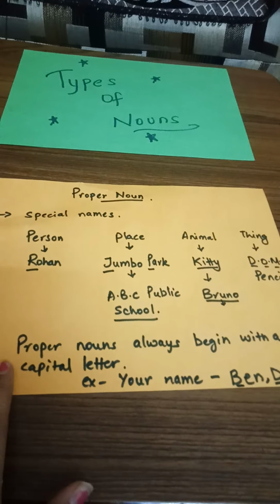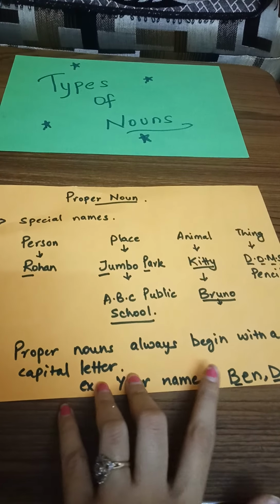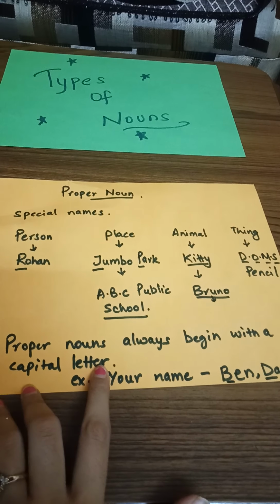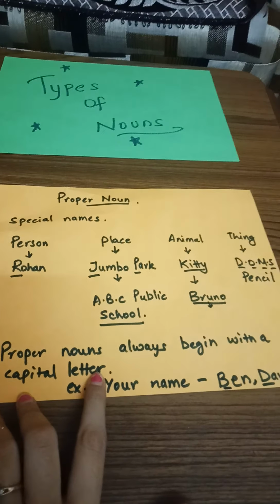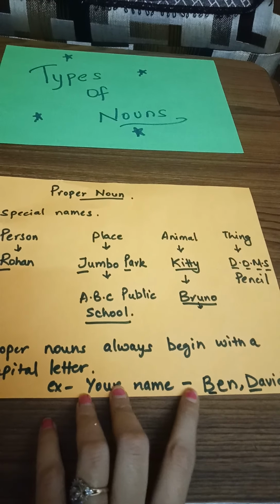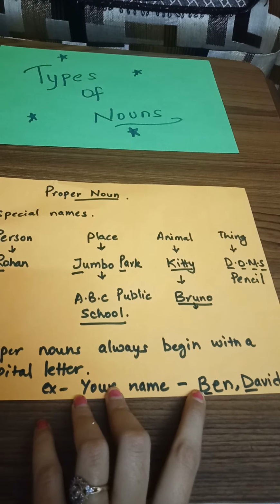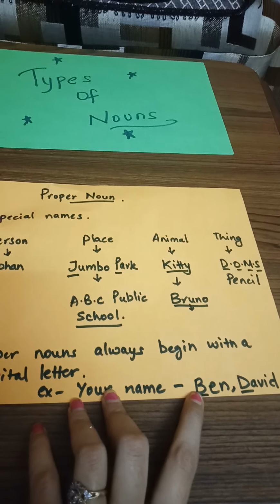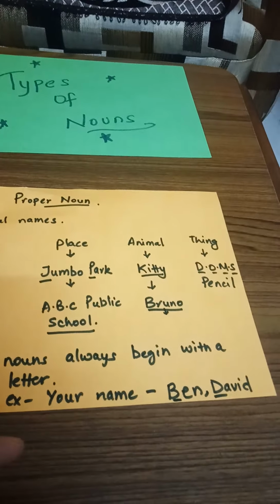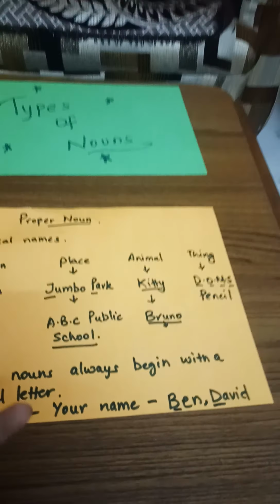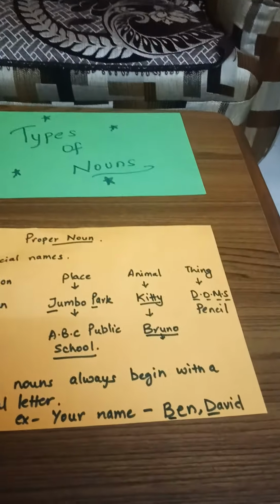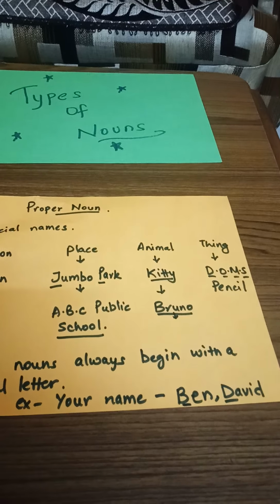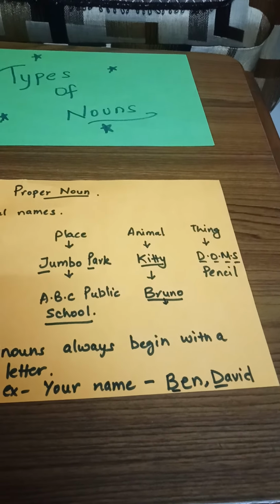There is a fact that proper nouns always begin with a capital letter, and the best example is your name. For example, Ben. If your name is Ben, then the B will be capital. If your name is Arnav, then its A will be capital. If your name is Rohit Sharma, then R of Rohit and S of Sharma will be capital.